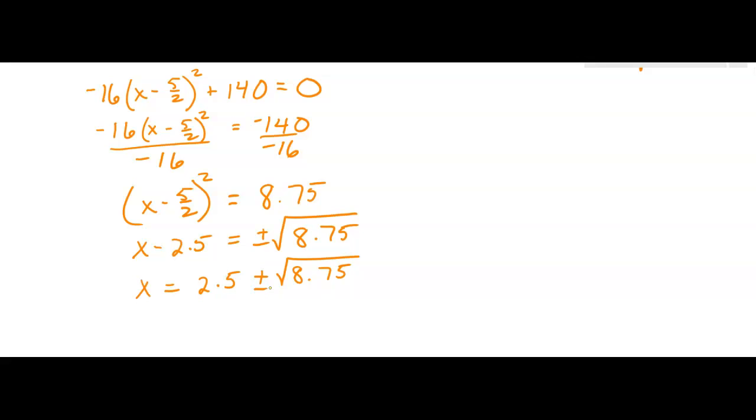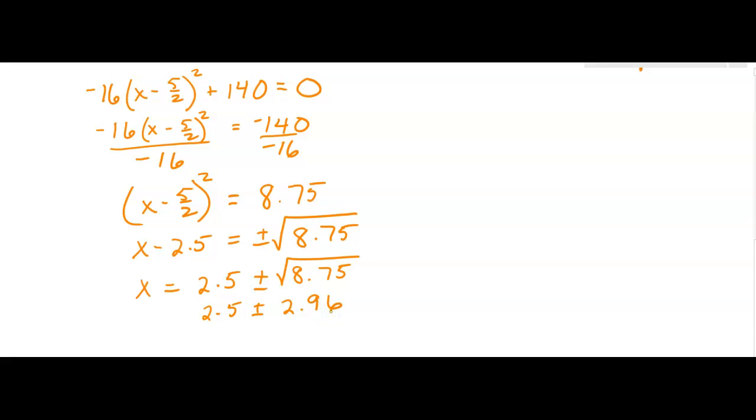So I have to figure out then what's the square root of 8.75. And I don't have my good calculator. I'm using my phone. And it gets to be about 2.96. So 2.5 plus or minus approximately 2.96 if I round it off.